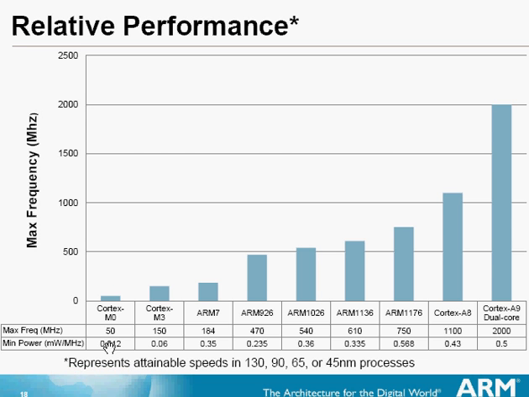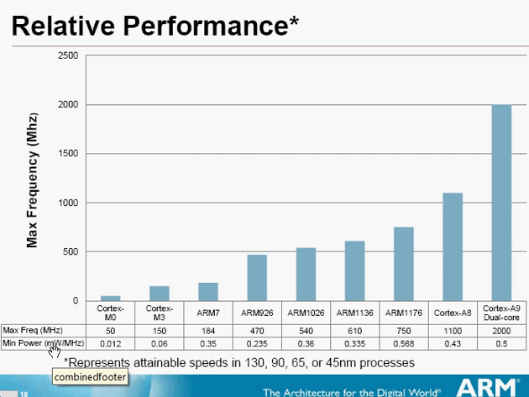If you see from here to here, speed increased tremendously, and power a little bit, but power is under control. This Cortex-A9 dual core has a frequency of approximately 2000 megahertz, meaning 2 gigahertz, and it takes power of approximately 0.5 milliwatt per megahertz.